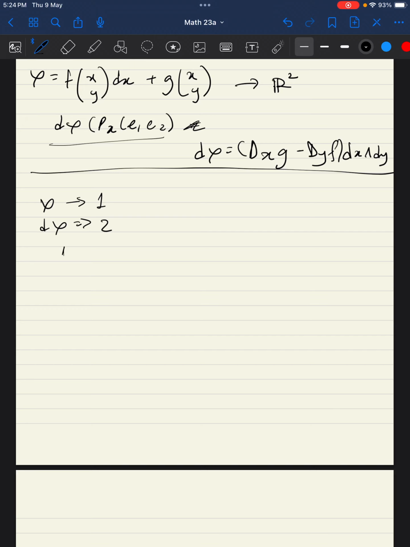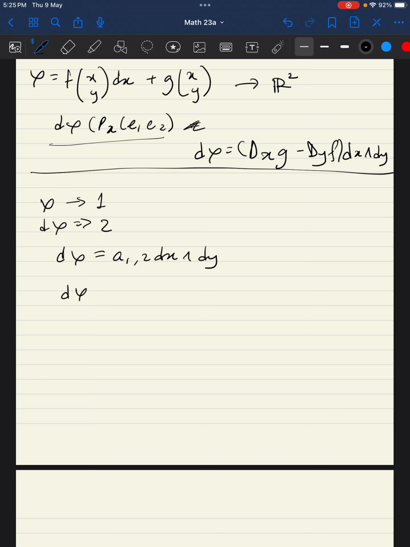So we can write d phi as a1 a2 dx dy, and to find a1 and a2, we're going to calculate the derivative of this on some parallelogram which is anchored at some point.